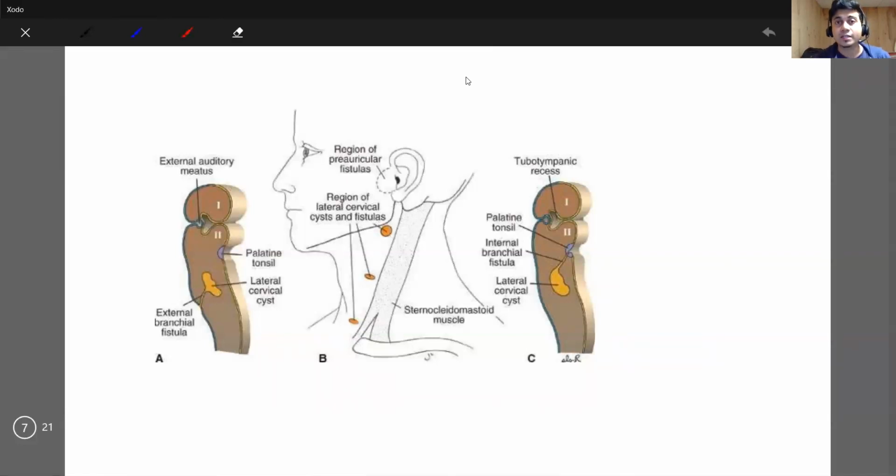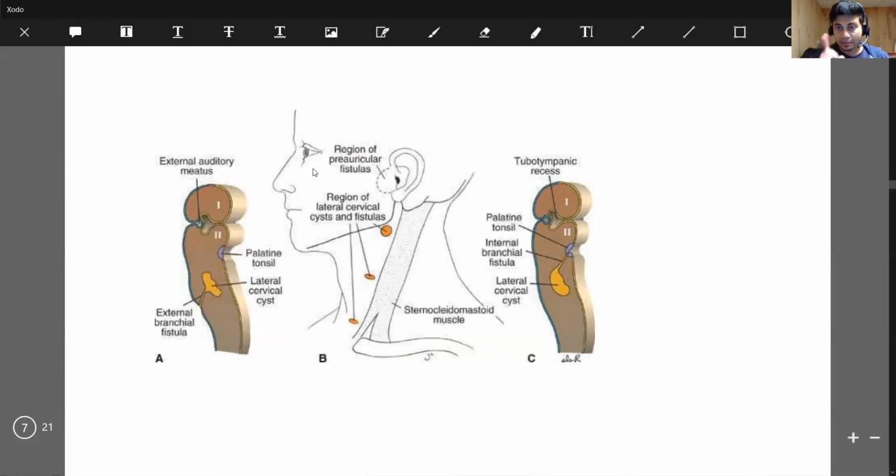Another thing is that the thyroglossal duct cyst is usually connected with the tongue. So when you protrude the tongue or try to swallow something, there will be movement of that cyst. That means a thyroglossal duct cyst will move with the protrusion or movement of the tongue. But it will not happen if it is a lateral cervical sinus cyst. These are some differentiating points between these two.